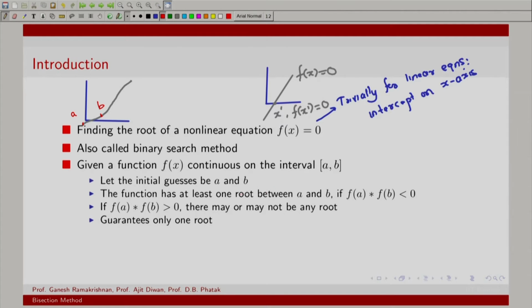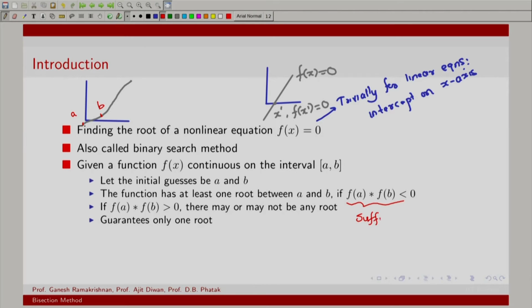We will also assume that the function actually has at least one root between a and b. So, we might initialize a and b to be sufficiently far apart to ensure that the function does have a root between a and b. And of course, a sufficient condition for such a continuous function to have a root between a and b is that they have opposite signs.